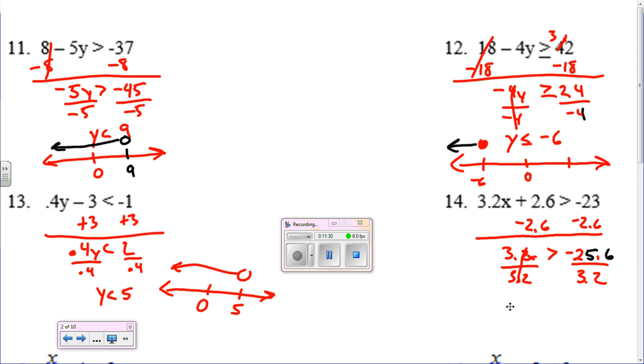Whenever we do that, that gives us x is greater than negative 8. Oh, I did that in my head. Not really. There's 0 and negative 8. It's greater than negative 8, so we shade to the right.